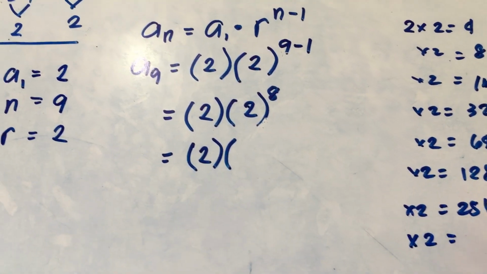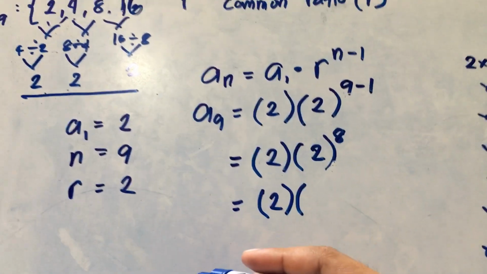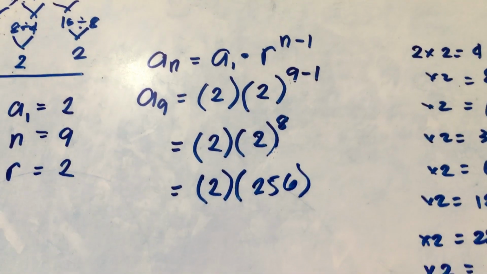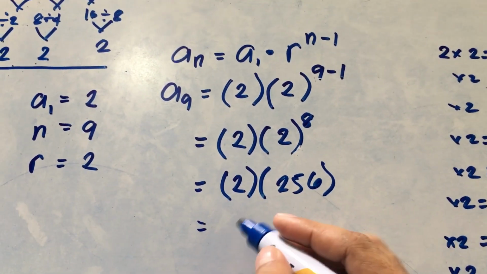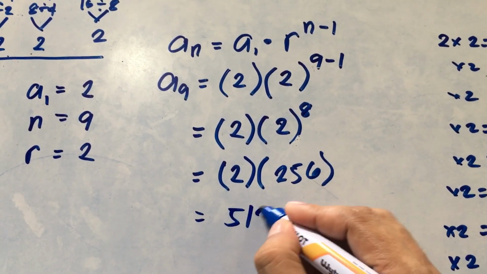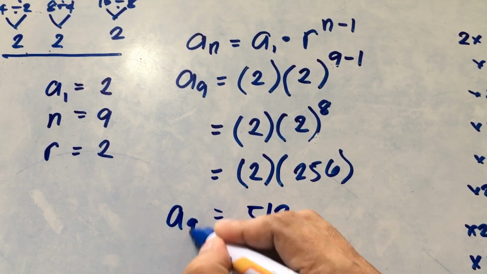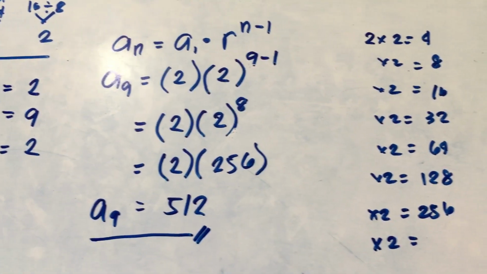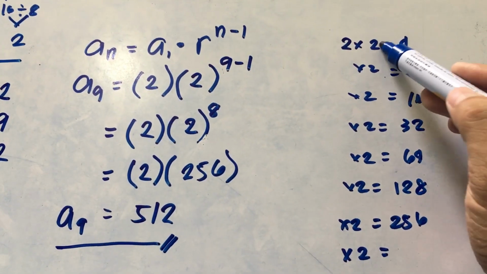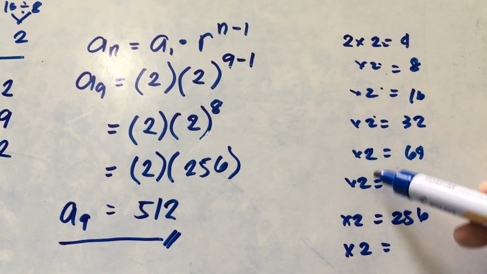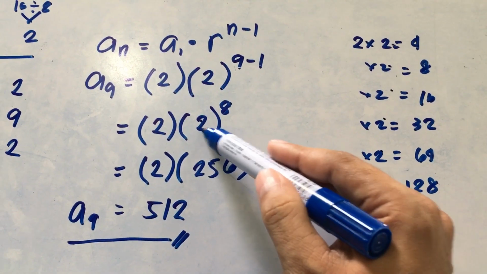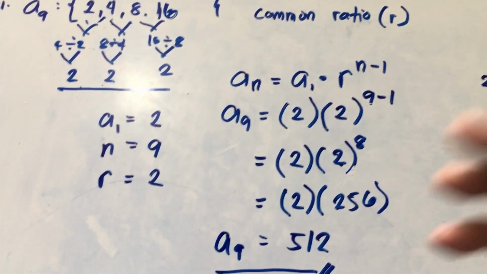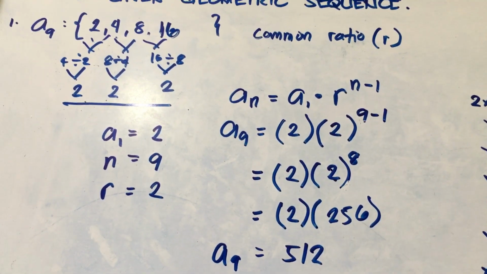So 2 raised to the power of 8 is actually 256. Then 2 times 256 is 512. And that is the ninth term of our sequence. Therefore, our ninth term is 512.